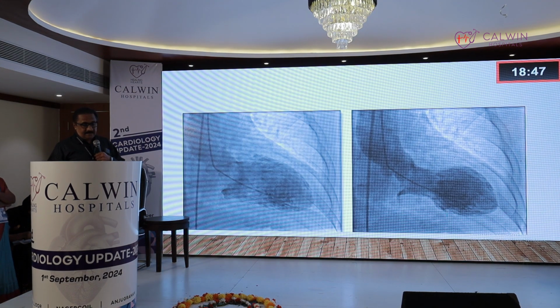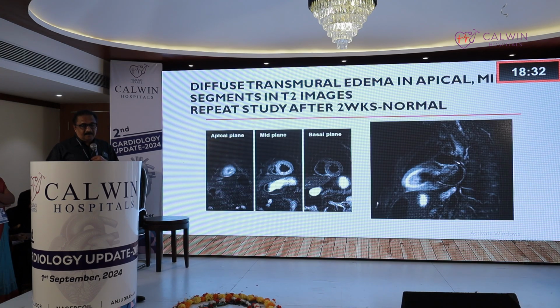This is the left ventricular angiogram, which shows only the basal segments are contracting. The rest of the LV is ballooned out, typically what we see in Takotsubo cardiomyopathy. A subsequently done MRI scan reveals that in the apical and mid segments there is a lot of transmural edema, while the basal segments are spared.